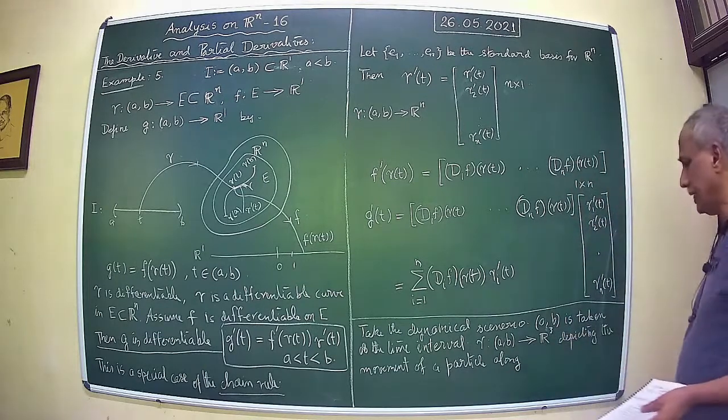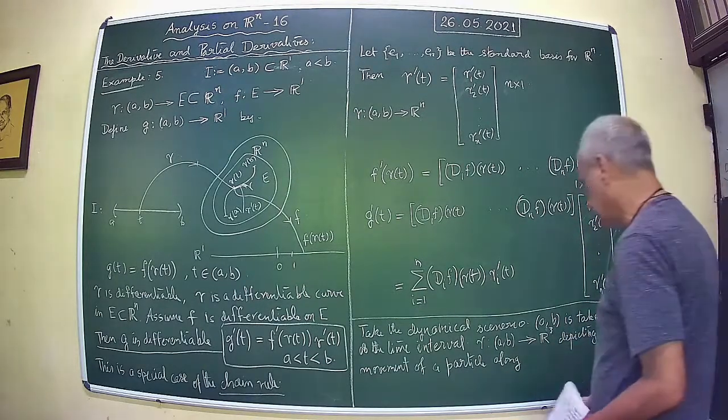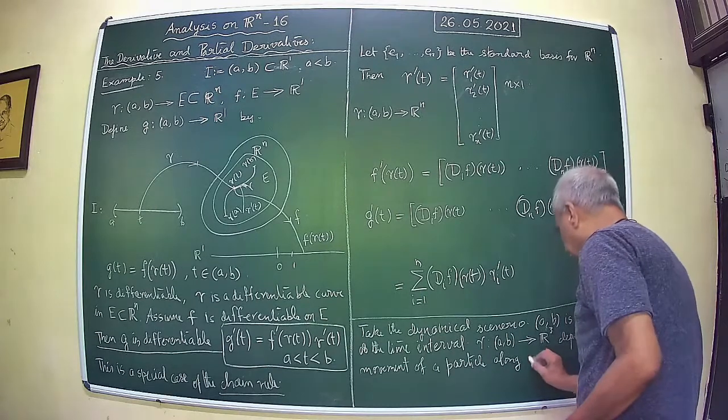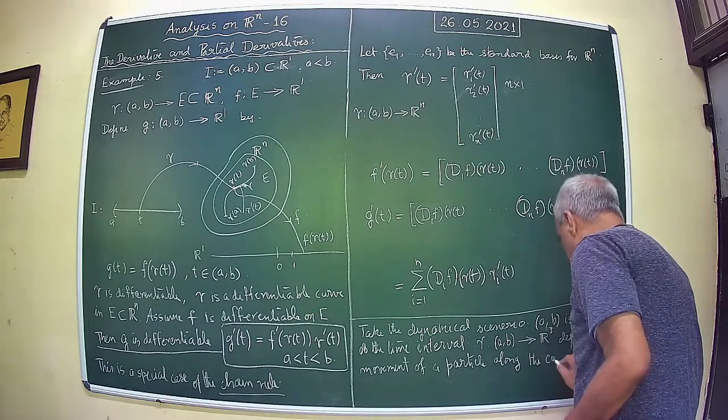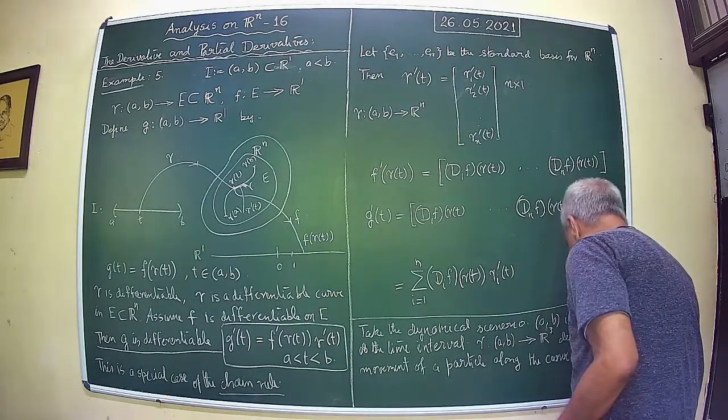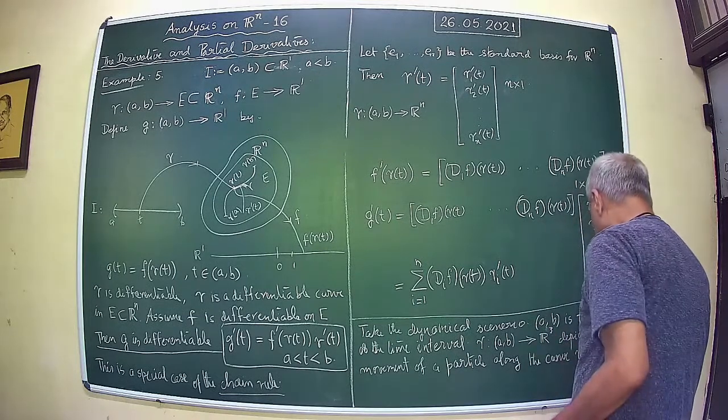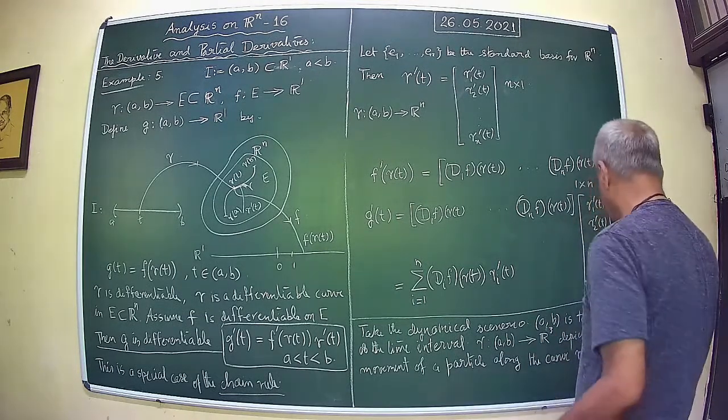So this is a space along the curve gamma t, that is the image of this.